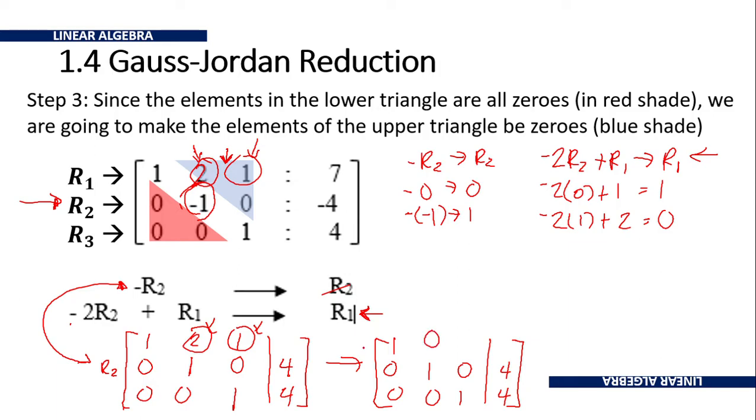Ayan, 0 na. Then, next, we have negative 2 times R2 natin is 0. 0 plus 1 is 1. So, 1 to. Then, we have negative 2 times, syempre kasama to, negative 2 times 4. Okay? Negative 2, so ito is 7 pala. Ayan, so negative 2 times 4, tas yung R1 natin is 7, so plus 7.